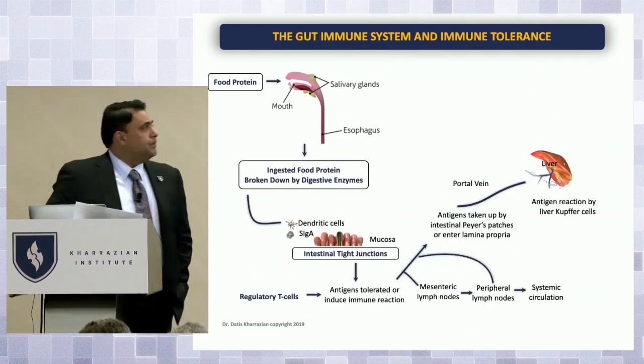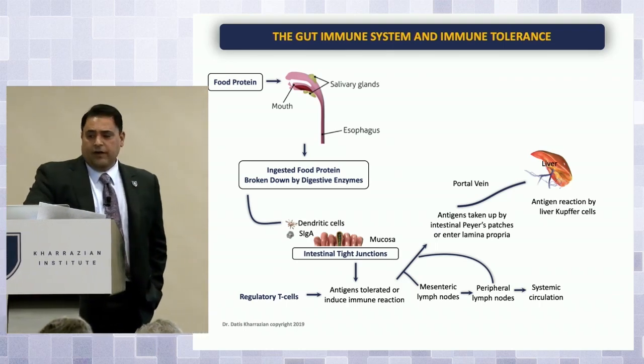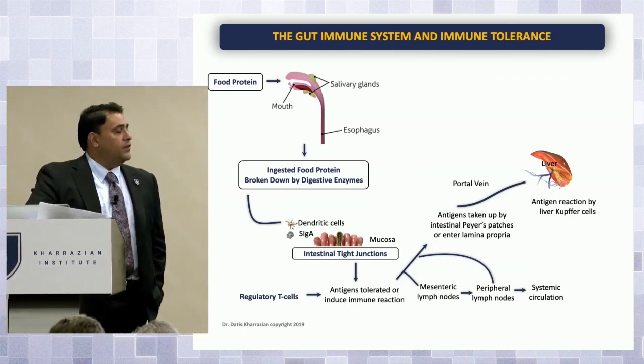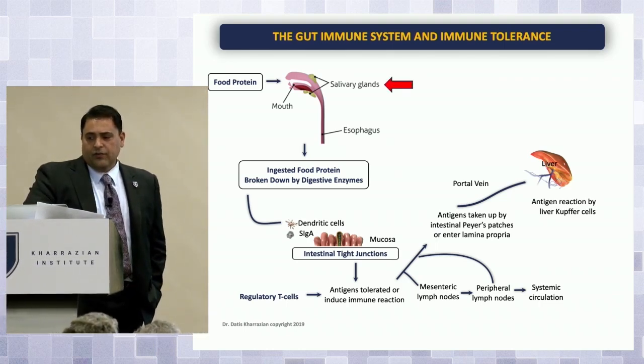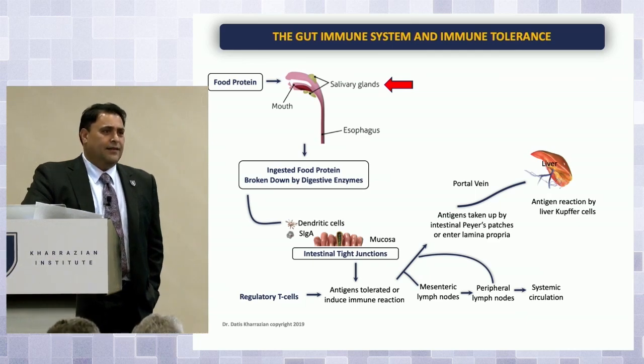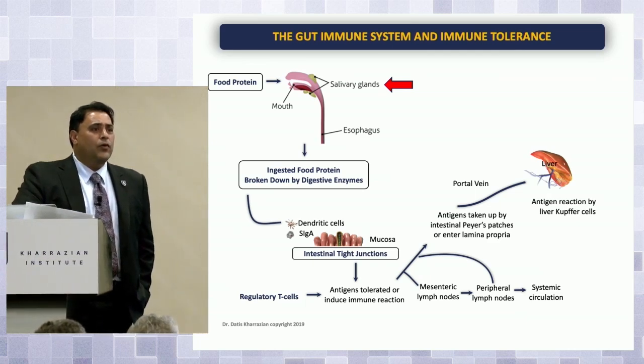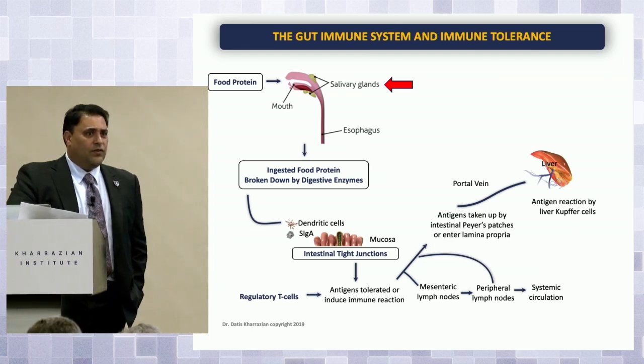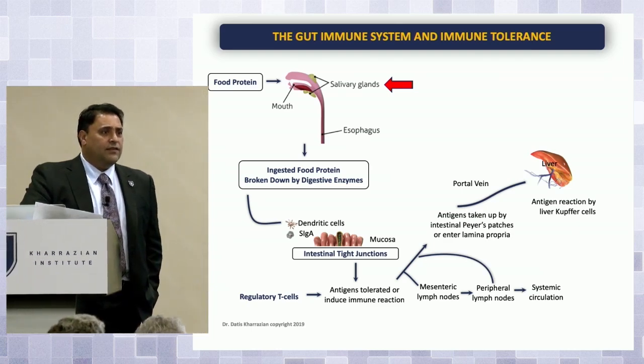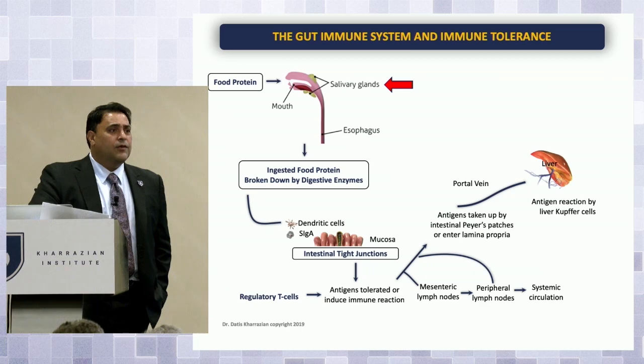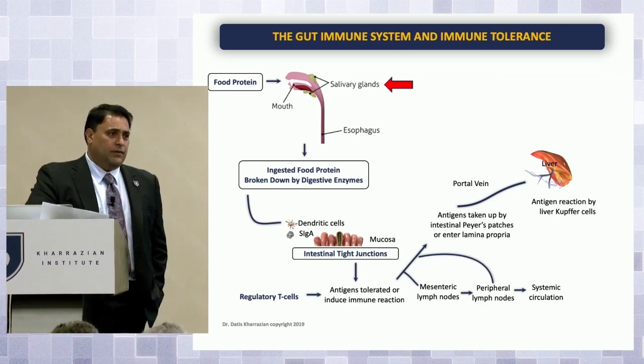So this is a diagram, and we show this diagram and talk about how the gut immune tolerance system works. And actually it starts with saliva. In your mouth, everyone has dendritic cells also. There's SIgA and dendritic cells in the mouth, and they immediately communicate with the gut microbiome.